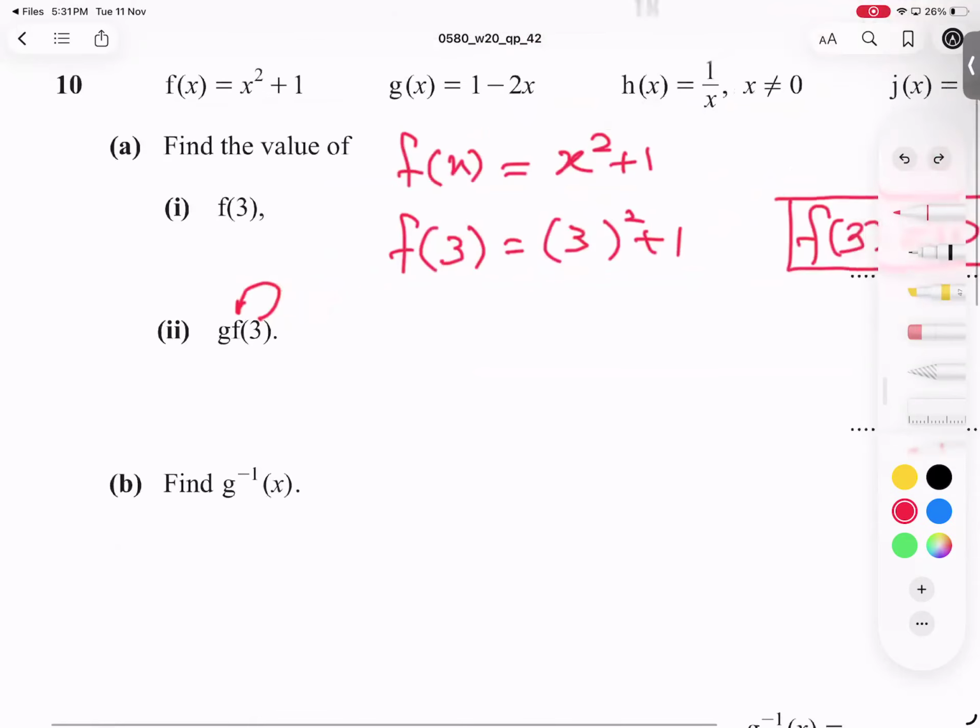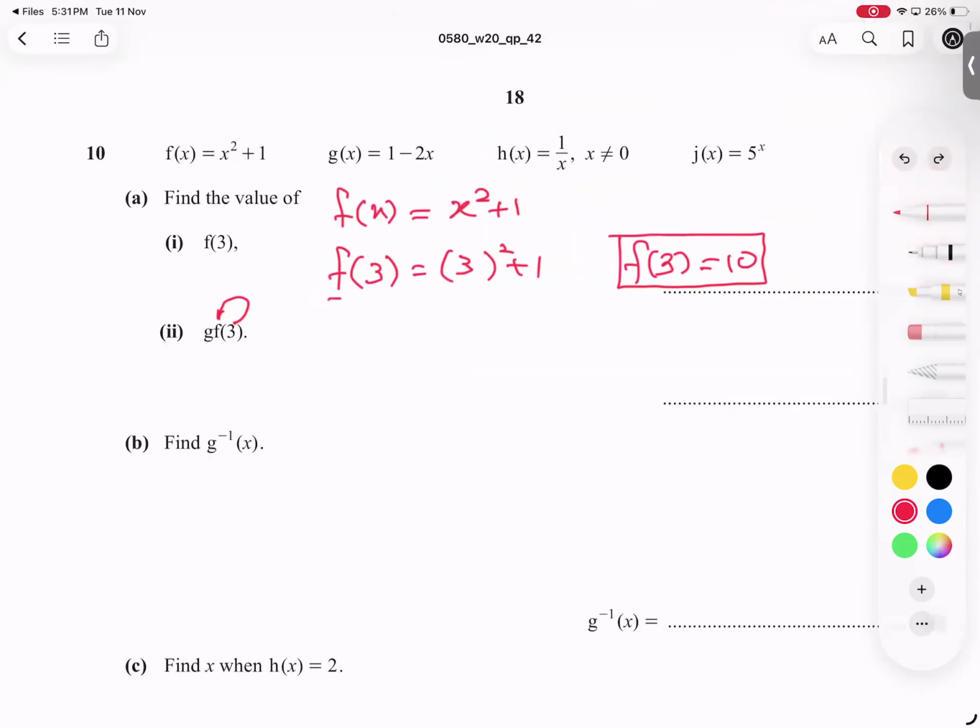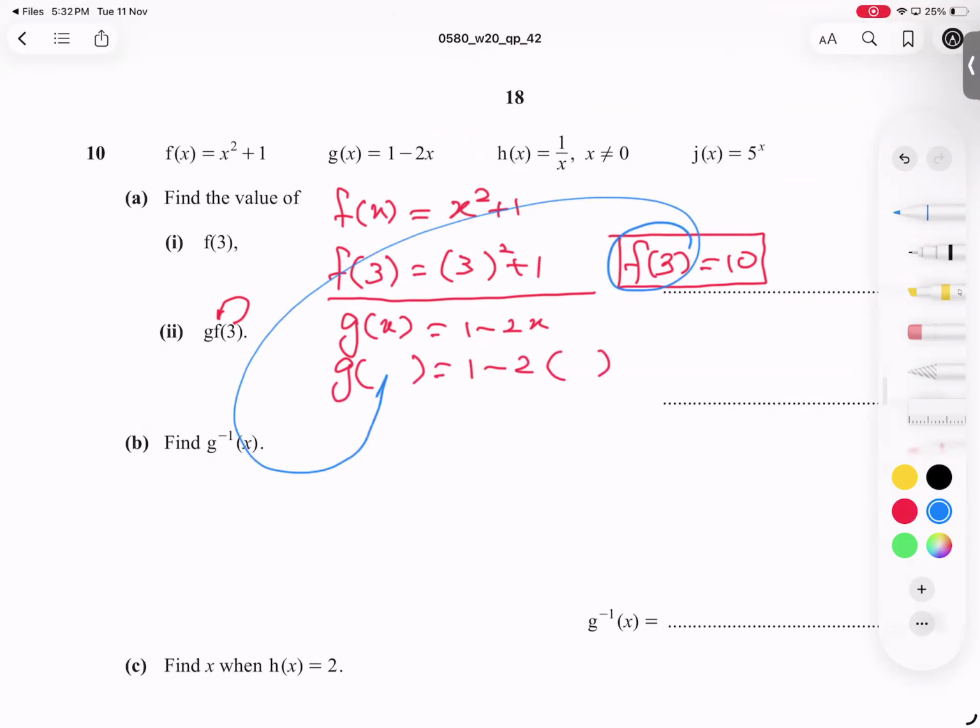So first of all, I will copy the g function as usual. The g function is 1 minus 2x, I'm copying. And I leave an empty space on the left side and the right side in place of x. The function name will come on the left side and the function value will go on the right side.